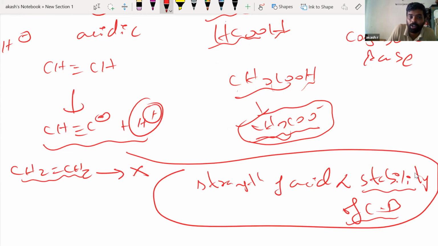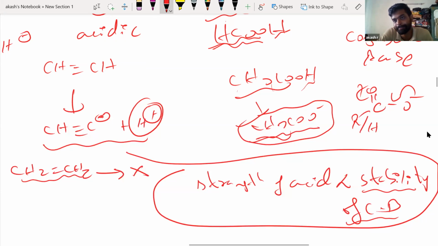Right? Now, I know that this conjugate base is stabilized because I have resonance happening. Again, I have an R group. R can be H or any. Oh God, it will take a minute.